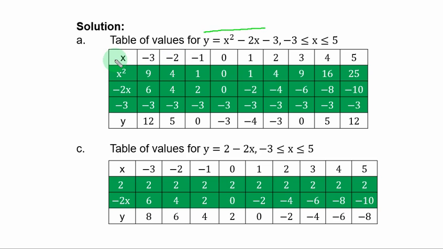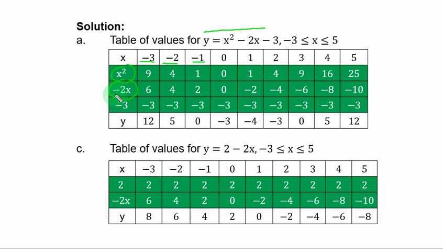To get y values, you need to get s squared and minus 2s precisely. To get s squared, you need to square each value of s. If you square minus 3, you have 9. Square minus 2, you have 4. Square minus 1, you have 1, and so on.